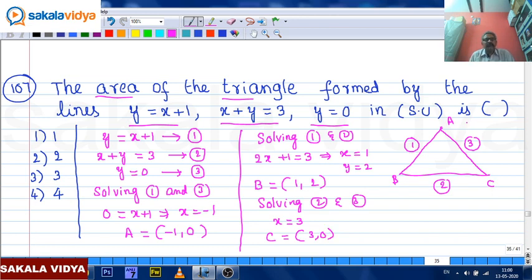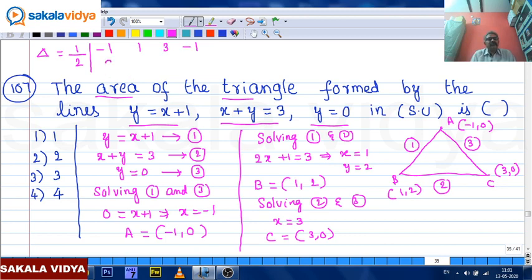That means A coordinates are how much? Minus 1 comma 0. B coordinates are how much? 1 comma 2. C coordinates are 3 comma 0. Now, find out the area of the triangle. That means delta is equal to half mod, so minus 1, 1, minus 1, 1, 3, minus 1.